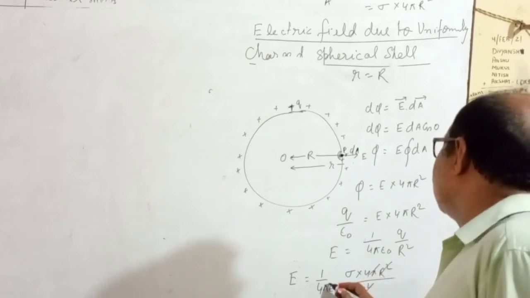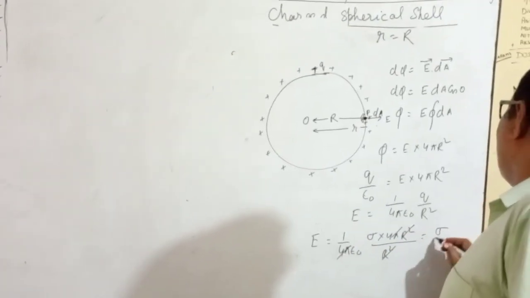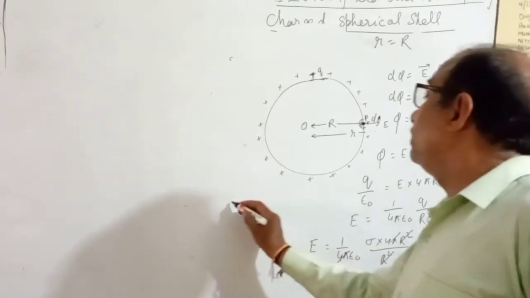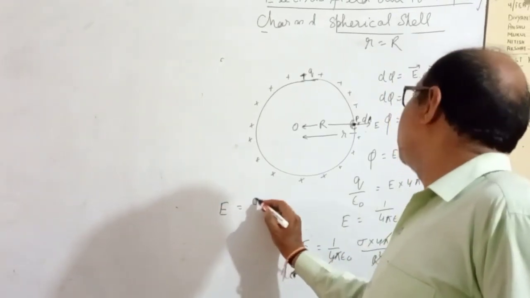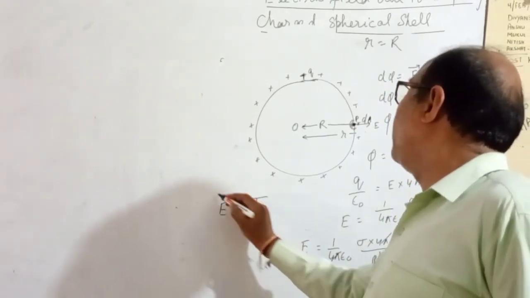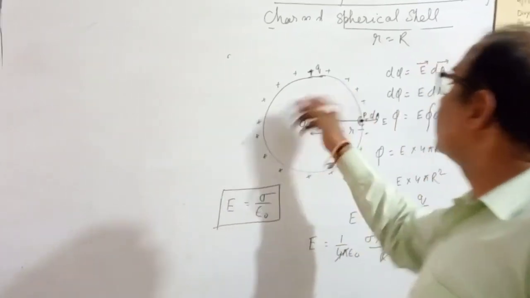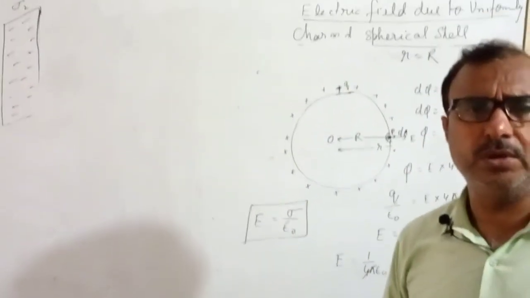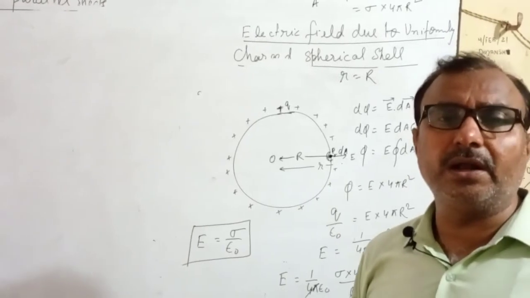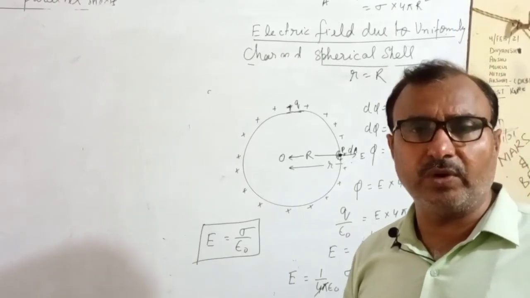R square cancels. So E equals sigma upon epsilon naught. This is the formula for intensity of electric field due to this conductor. This is for any conductor, not for a spherical conductor only.